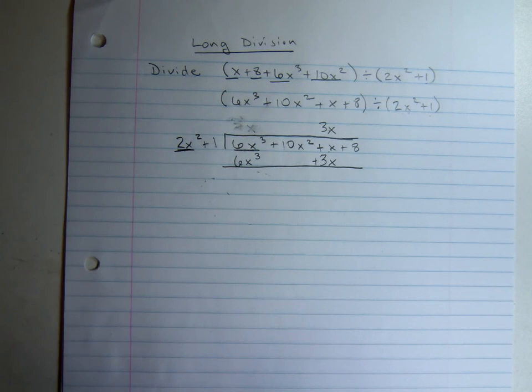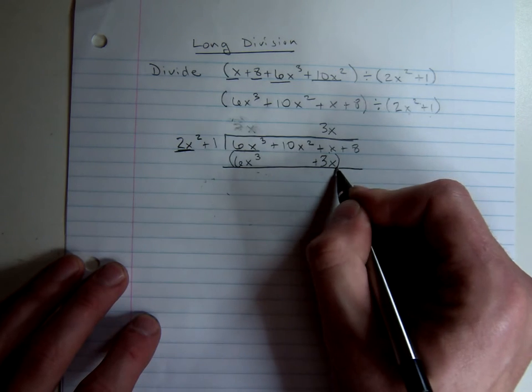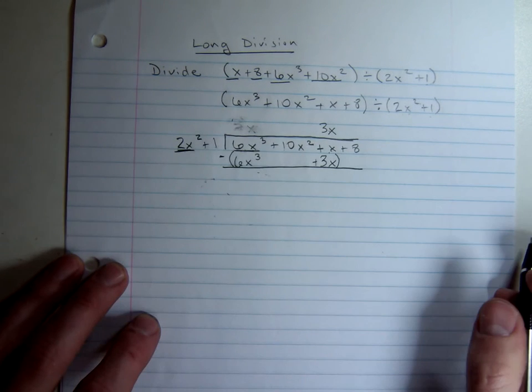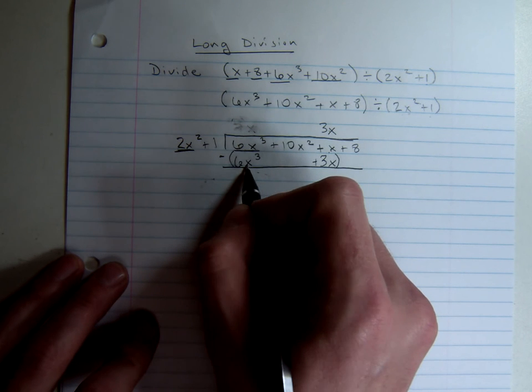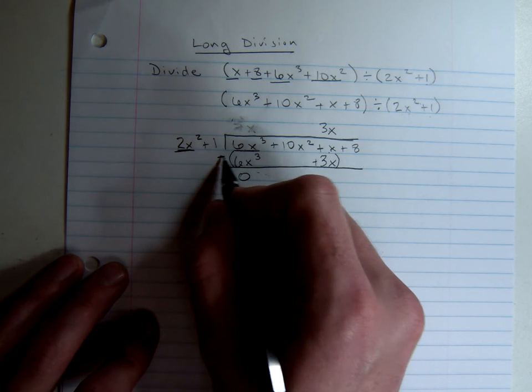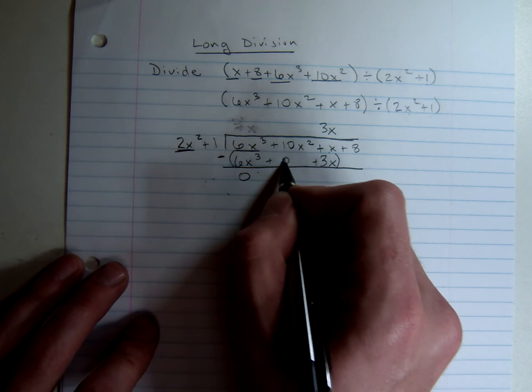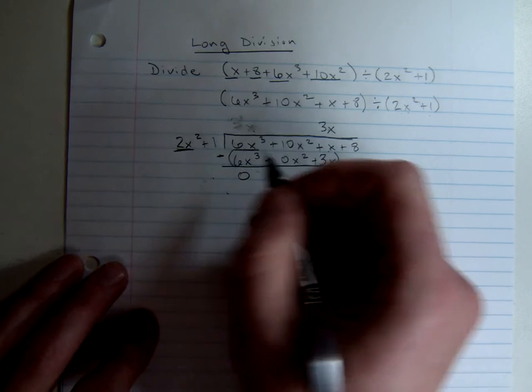Okay? Now, moving right along, I do want to remember that I am actually subtracting these just as you would in regular long division. So 6x cubed minus 6x cubed is 0. I'm going to go ahead and put a plus 0x squared there just to hold the place. That's not necessary, but it's not a bad idea either.